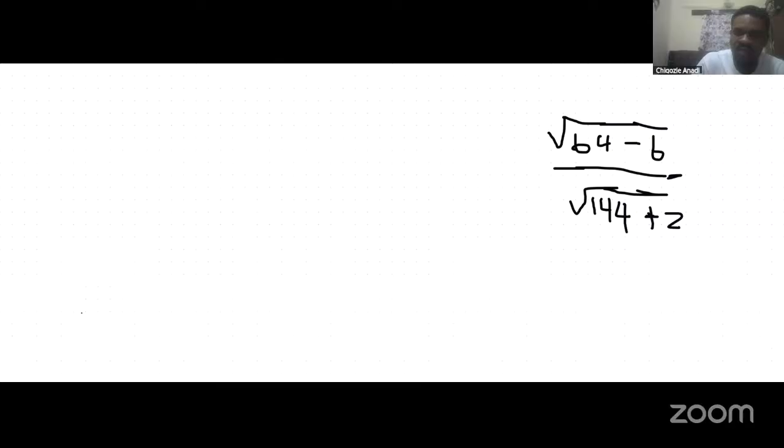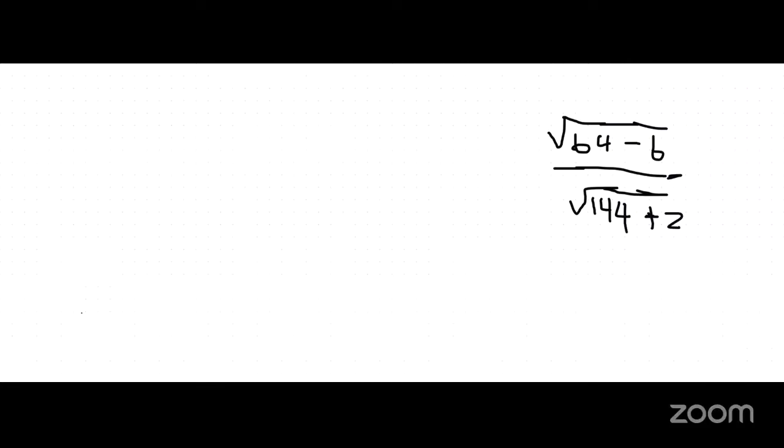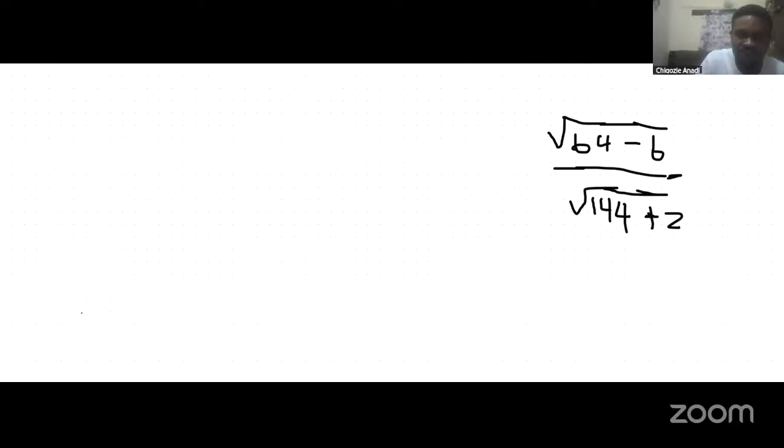If you look at this question, there are different ways you can solve it. But this will lead us to what we call surd. Have you heard the word surd before? No. Okay, so you can rewrite this question this way.